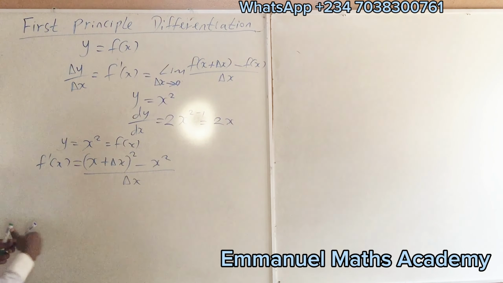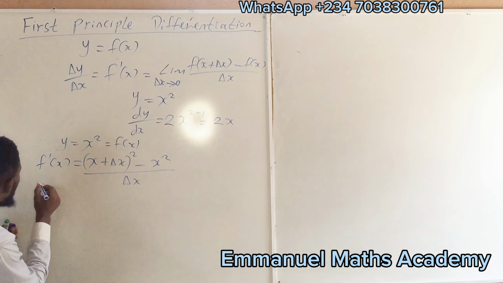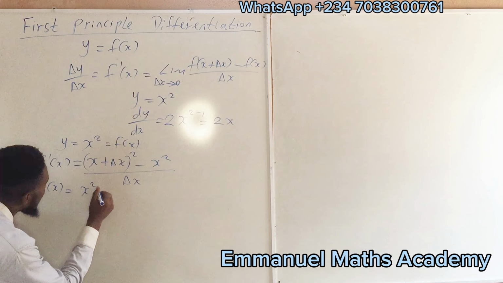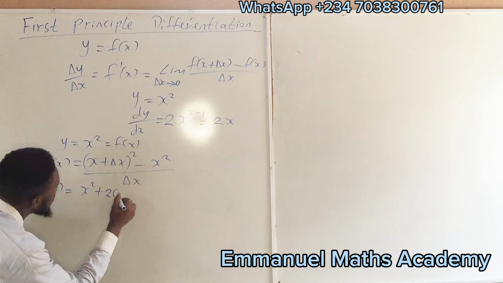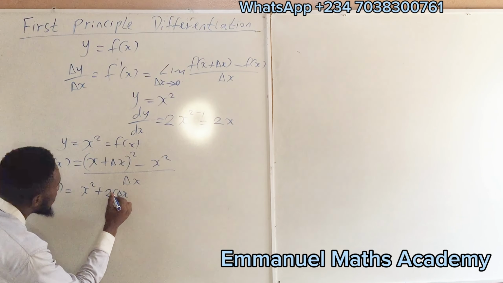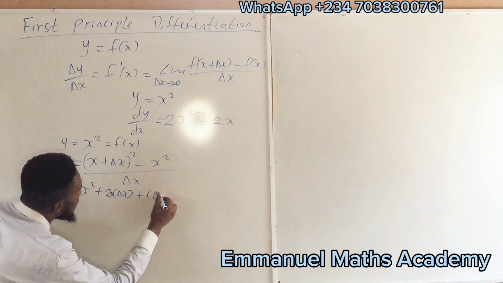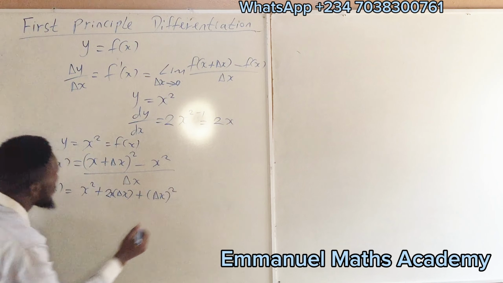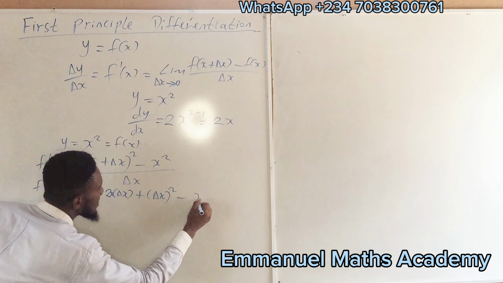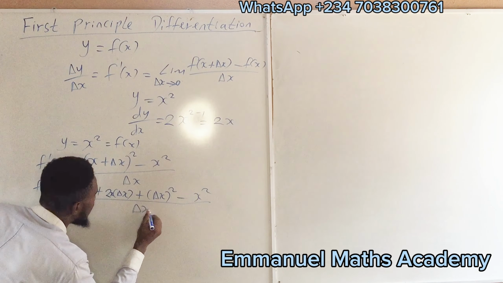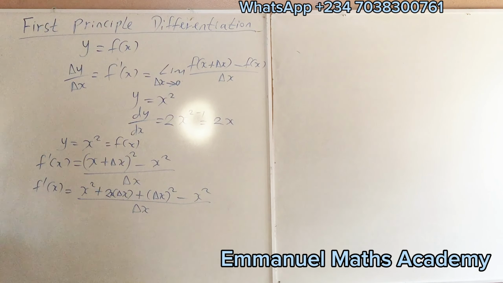Then you break this down, you expand. You have f prime of x equal to x squared plus 2x delta x plus delta x power 2 minus x squared, all over delta x, right?